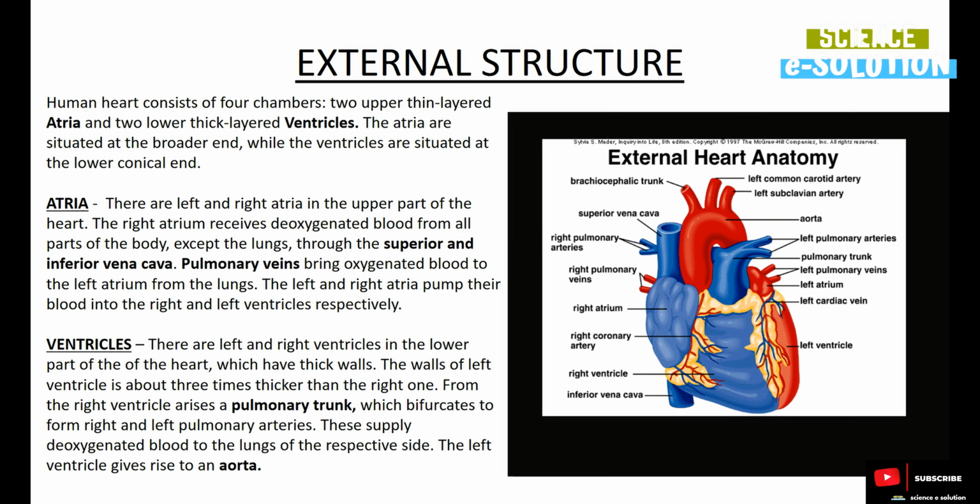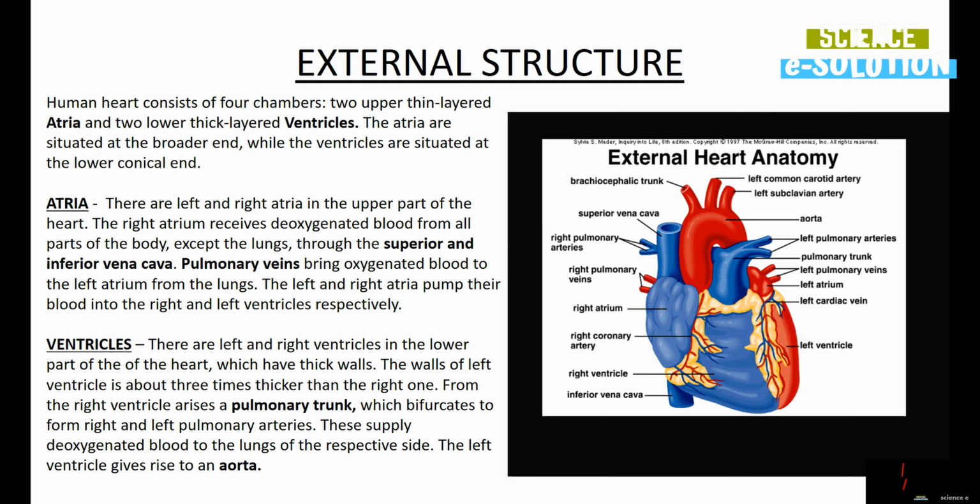That means the veins of all the upper body parts collect in the superior vena cava to give out all the deoxygenated blood, and similarly all the deoxygenated blood from the lower part of our body is collected in the inferior vena cava, and both these vena cava open up into the right atrium to pour all the deoxygenated blood.